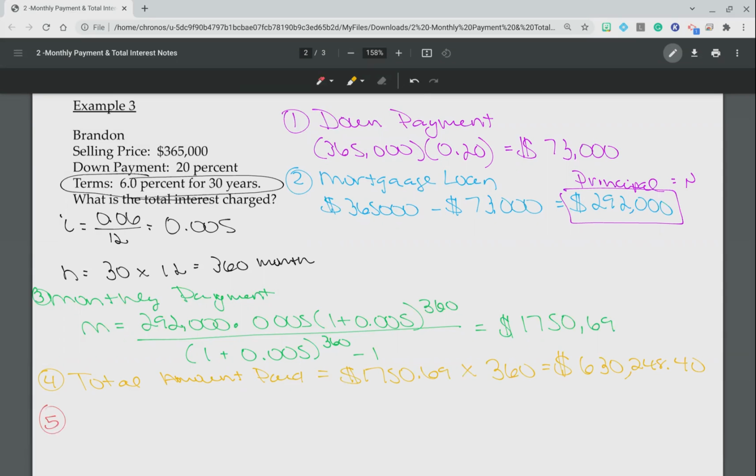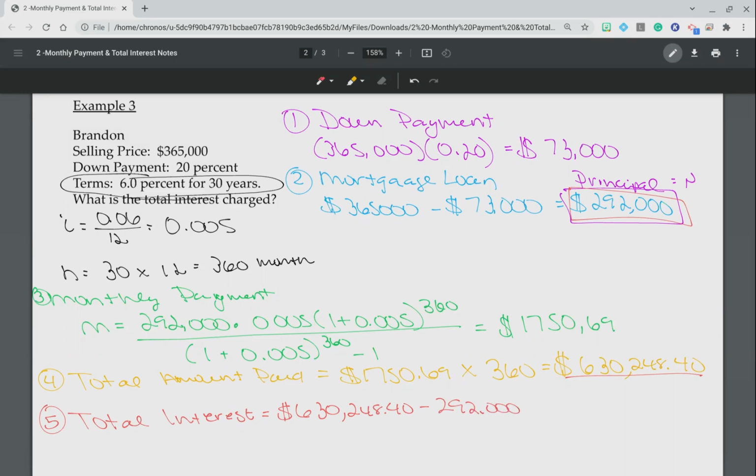So now to answer the question finally, to find our total interest, we then take our total amount paid and subtract our principal.